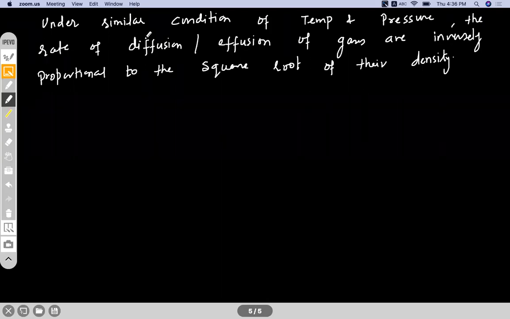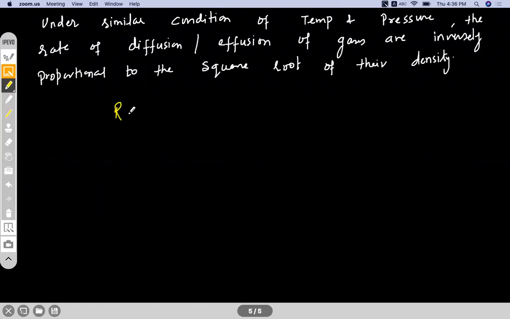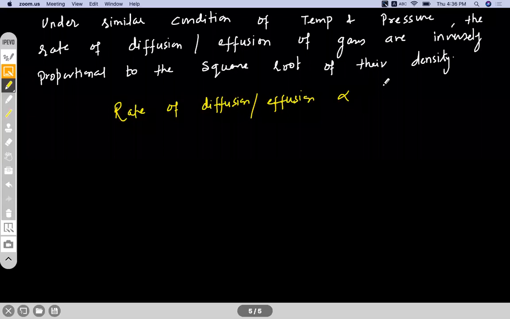So we can write the rate of diffusion or the rate of effusion, whatever it is, is inversely proportional to the square root of density of the gas.